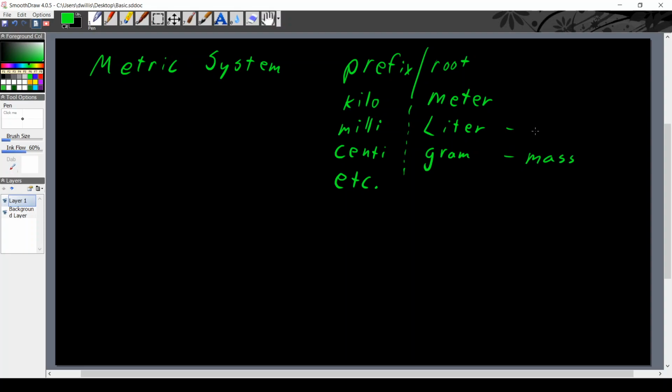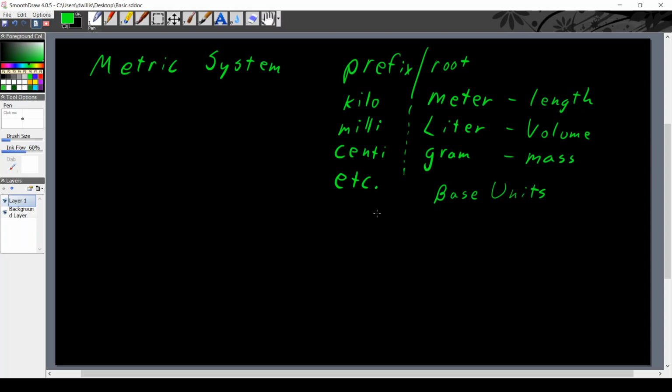The liter is a unit of volume. And a meter is a unit of length. All right, and so that's a quick introduction to those root words, to those base units, and what they are used to measure.